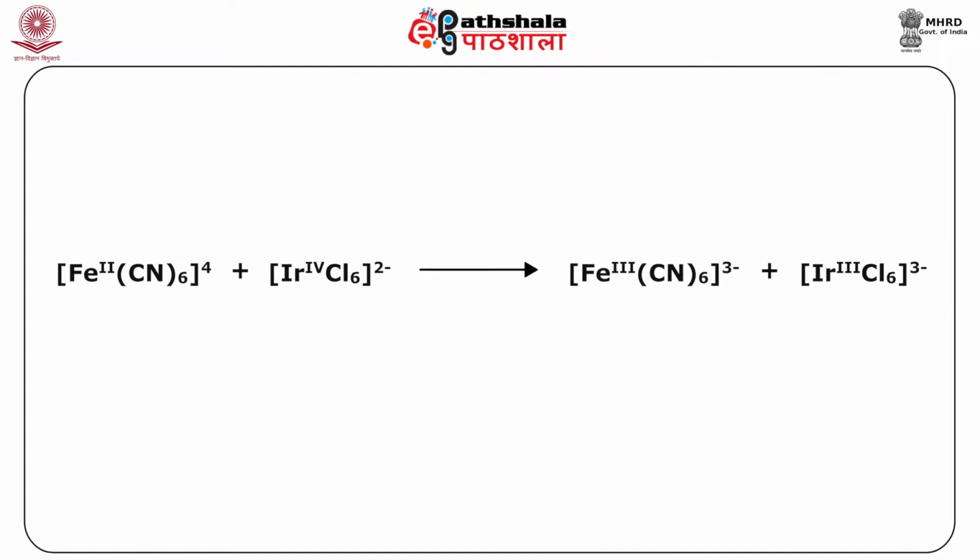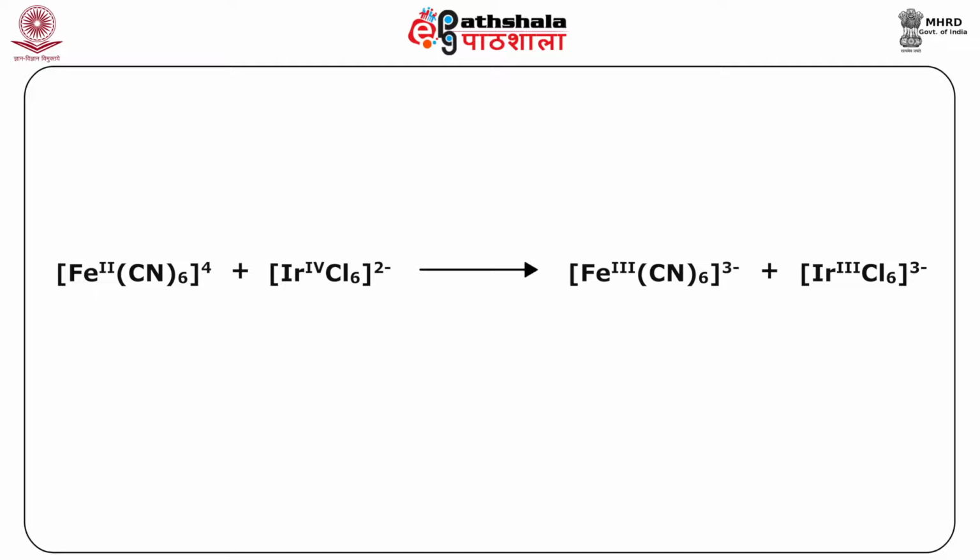Examples of outer sphere reactions are Fe2+ (CN)6, overall charge 4-, reacting with iridium hexachloride, where iridium is in the +4 oxidation state, leading to the formation of Fe3+ hexacyanide, overall charge 3-, and iridium 3+ with six chlorines attached, that is IrCl6, with iridium gone to the +3 oxidation state.